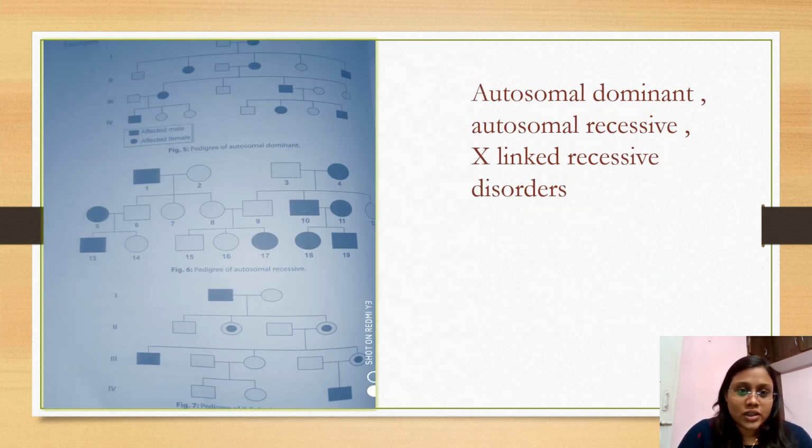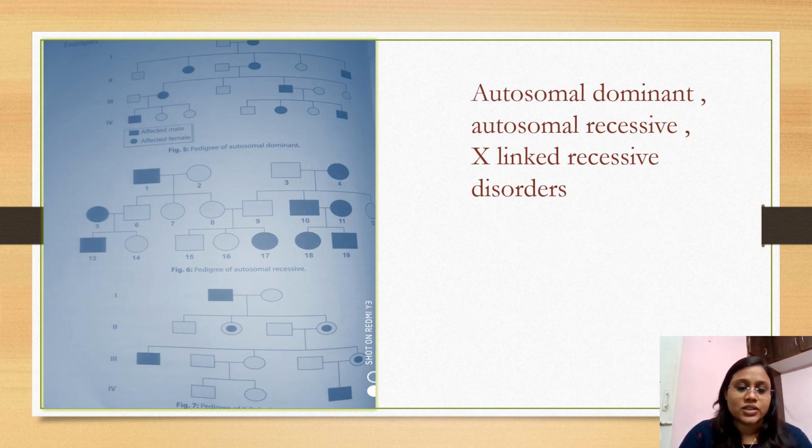Now in this pedigree chart you can see half of the males are affected, half of the females are affected. Then every generation is affected, so it is an autosomal dominant disorder. In this you can see one generation gets skipped. So skipped generation is a characteristic of autosomal recessive.